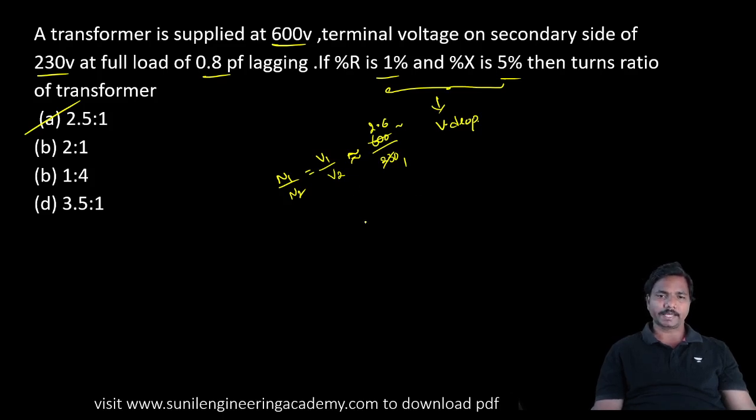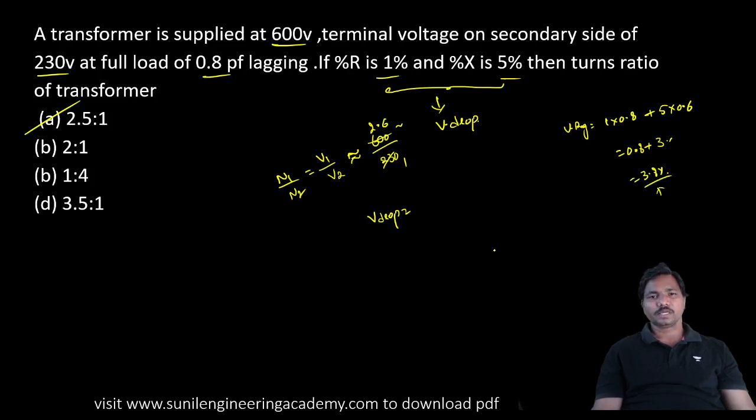So if you want to find out exactly, you have to consider the voltage drop. What is the voltage drop? Voltage regulation is percentage R cos phi plus percentage X sin phi. Okay, 1 into 0.8 plus 5 into 0.6, that means 0.8 plus 3, 3.8% voltage drop is there. Then for the numerator, that is 600, take 4% of it, 24 volts less.